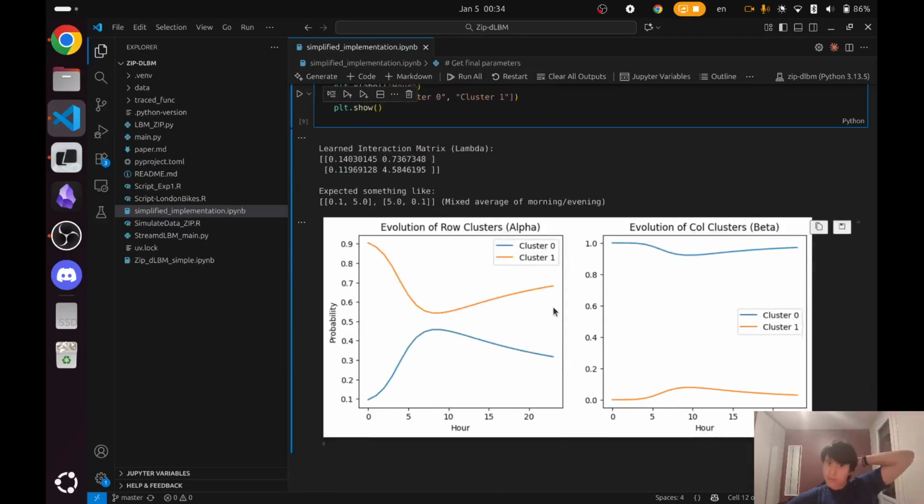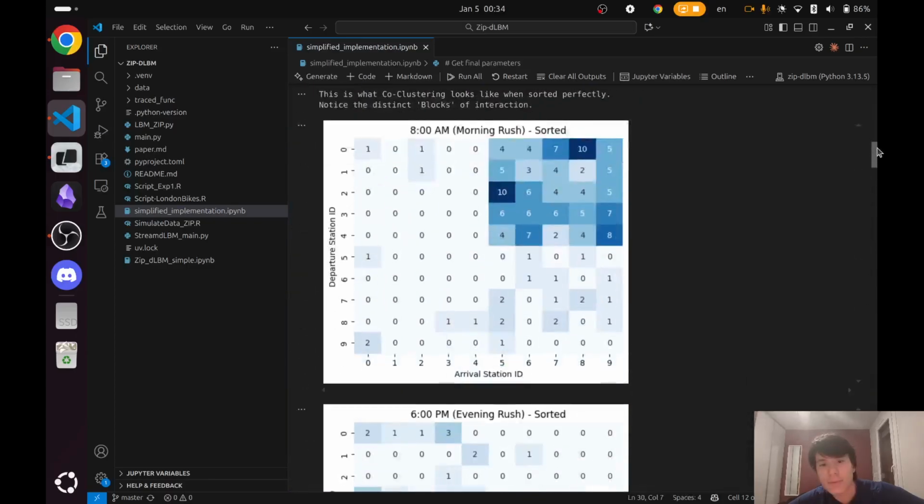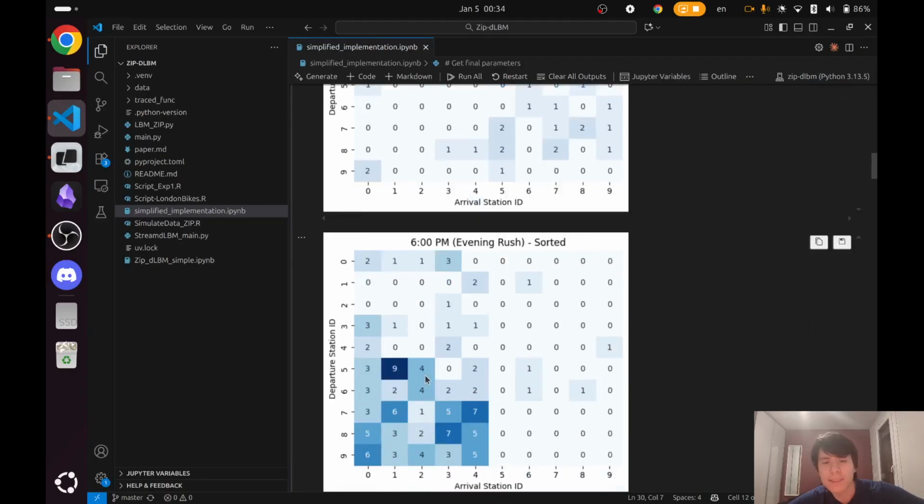how it evolves, how it assigns probability to the row clusters, because we have 2 types of clusters, the row and the column clusters, we can see that we know that here it's very easy to differentiate the clusters, right, when time is 8 and when time is 6. And aside from this, the clusters are more noisy, right?